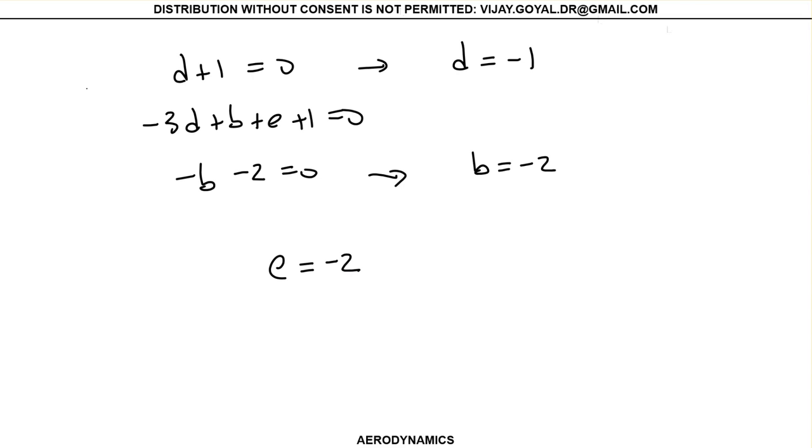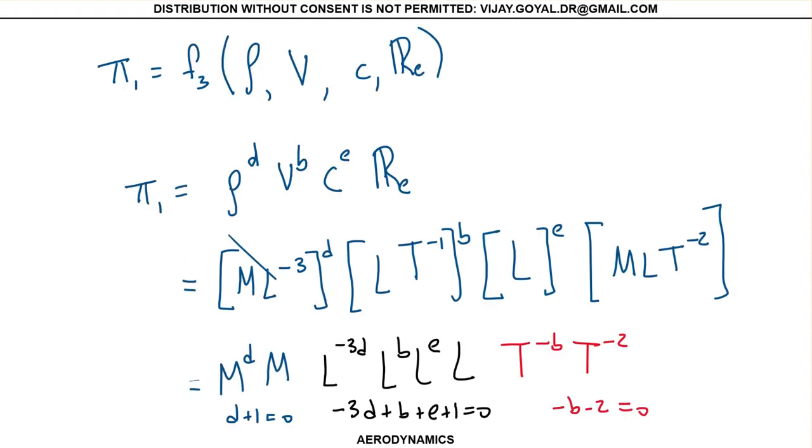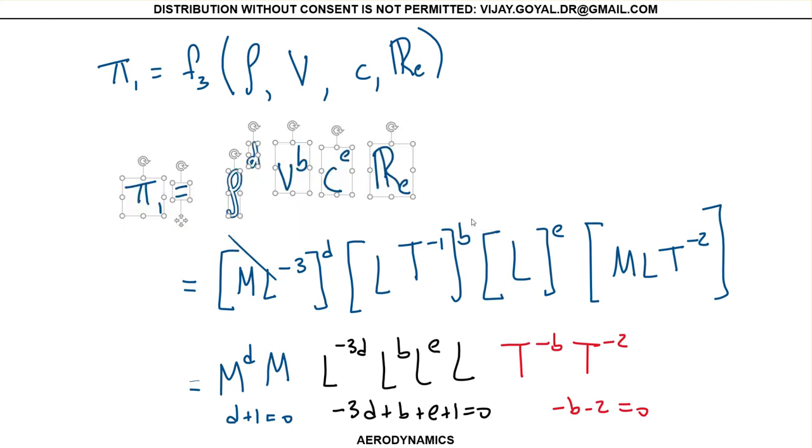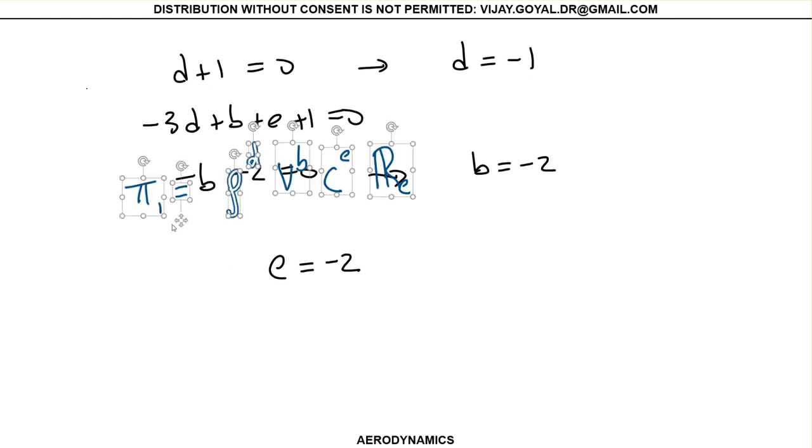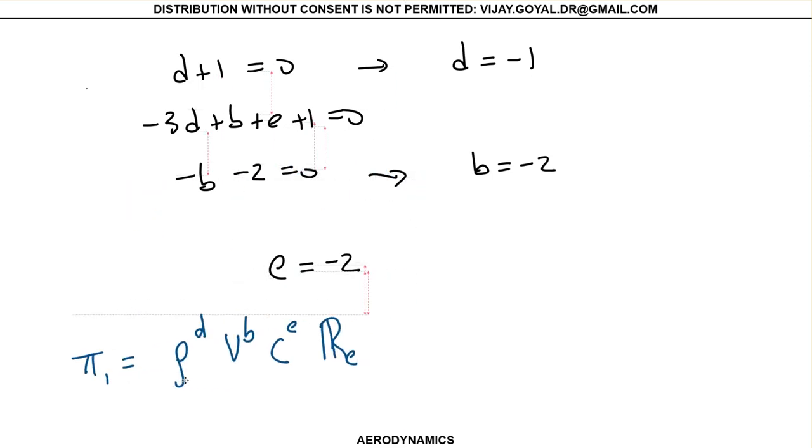So if I go back and replace all that inside this equation right here, I take this equation and bring it back here, and now this will completely equal Re.